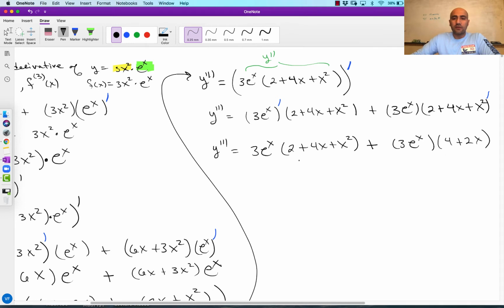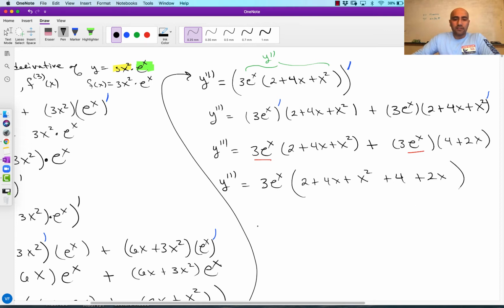So there's our answer. Once again, I can factor out this term. They both share this and this. And that's about it. So let's factor that out. And we get that the third derivative is equal to 3e to the x power times 2 plus 4x plus x squared plus 4 plus 2x.